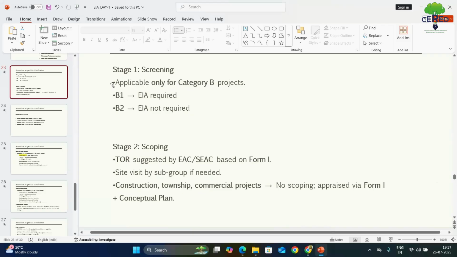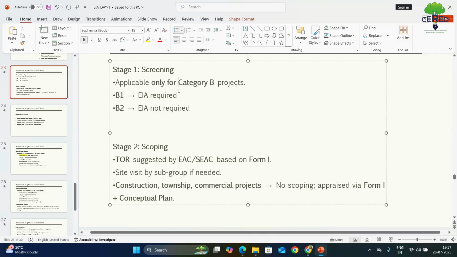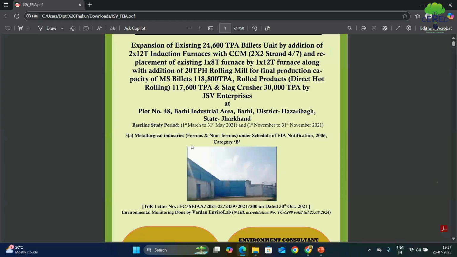During the time of screening, a B category project is screened into B1 and B2 category. For B1 category, EIA is required, and this is a B1 category project because it comes under sector 3A metallurgical industry, ferrous and non-ferrous. That's why EIA is mandatory for this type of project.